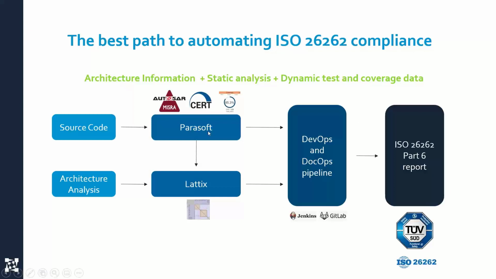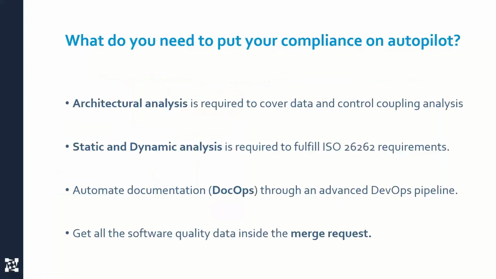With Parasoft, you can run a static analysis, create unit tests, and collect code coverage, and execute all of that in the context of a GitLab pipeline, and then produce the report. So I think it's a pretty awesome demonstration of how the two technologies can work in concert with each other to give you compliance documentation on every single build.